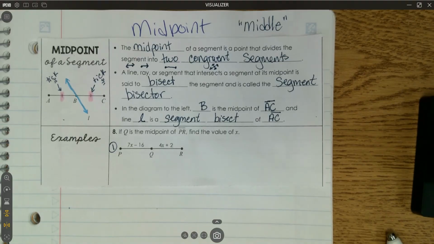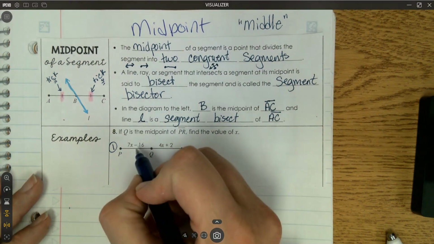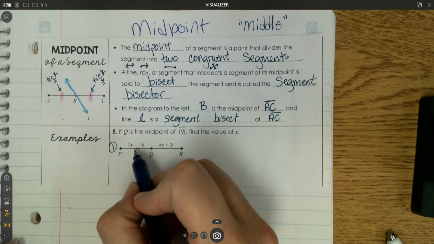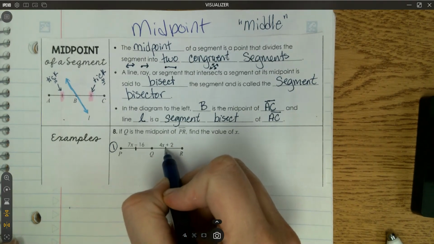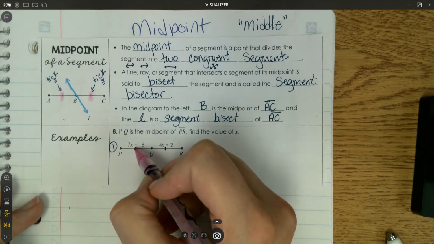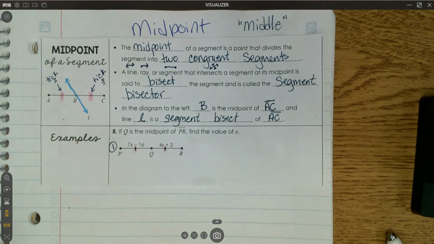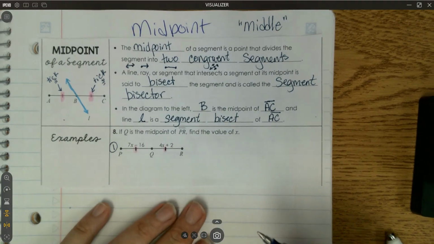They don't tell us what the total PR is, right? And we just want to find X. So I'm going to squeeze in here. Let me get my pink color again. I know that these two are congruent by definition of midpoint. Okay, so I'm going to go ahead and put my notation there.